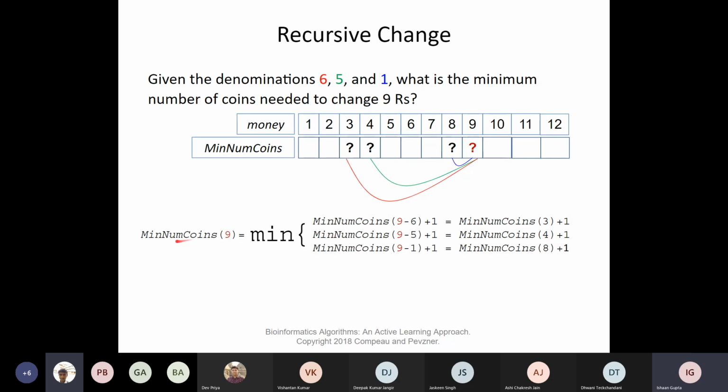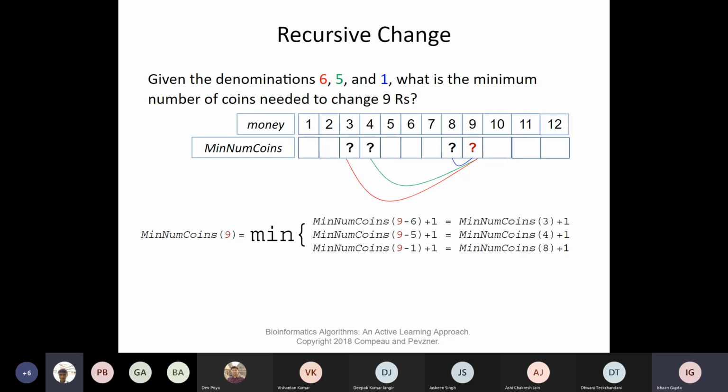So the minimum number of coins for 9 is equal to the minimum number of coins for 3, 4, and 8, plus 1, because you have already chosen 6, 5, or 1. Similarly, the minimum number of coins for 3 would again correspond to all the possibilities. So you keep on recursing, you assume all possibilities, and you keep on going down the possibilities.